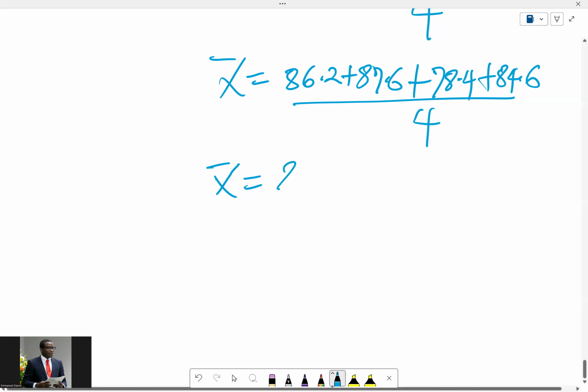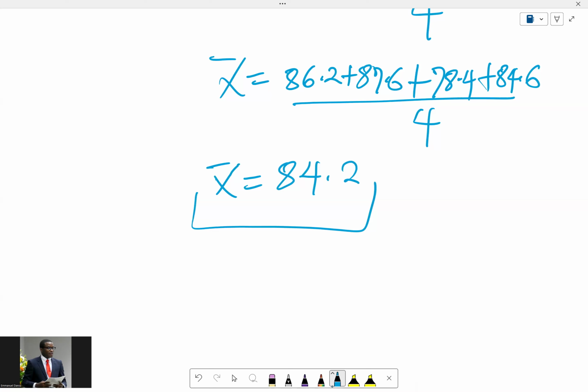That is 84.2 overall. That's the same as adding all the 20 scores and dividing by 20. You get 84.2.